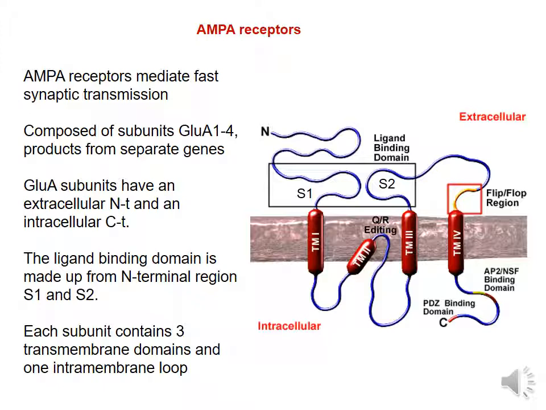Its subunit, as I mentioned earlier, contains three transmembrane domains and one intramembrane loop. And then there are different specific domains, such as the flip-flop region and this carboxy terminal region that are important for the diversity of the AMPA receptors.